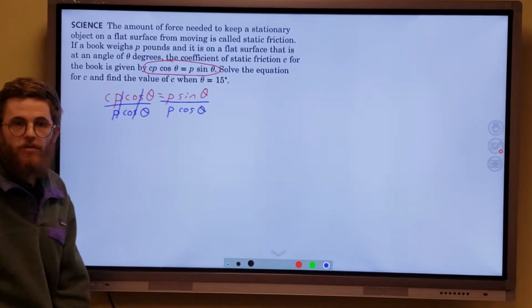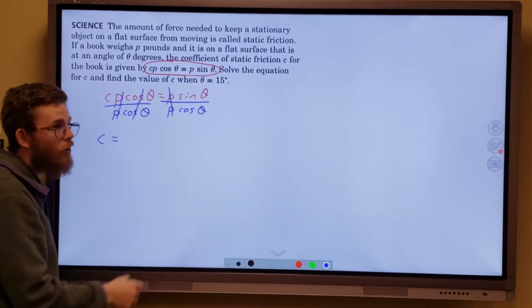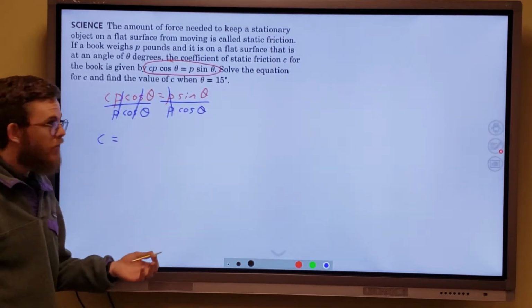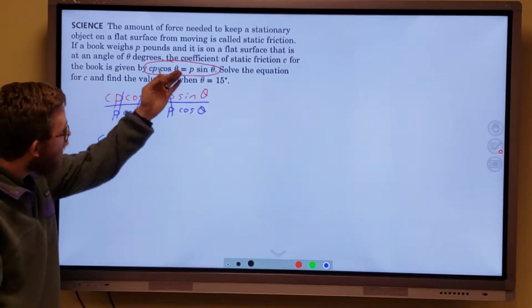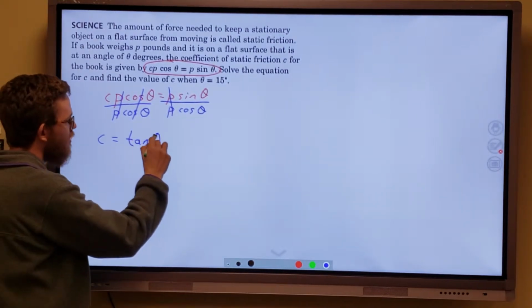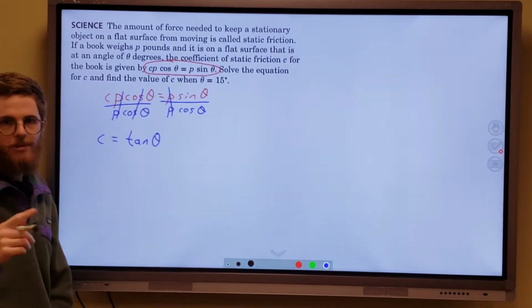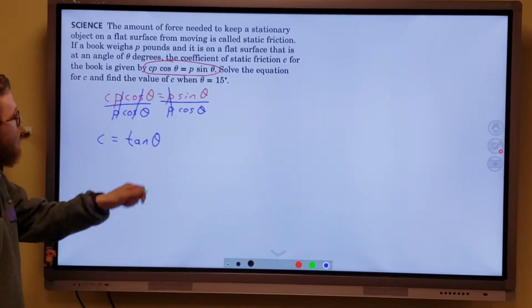The P and cosine of theta cancel out over here, leaving us with C. Over here, the P's also cancel out, and we're left with sine of theta over cosine of theta. What is sine of theta over cosine of theta? It is tangent of theta. So C equals tangent of theta.